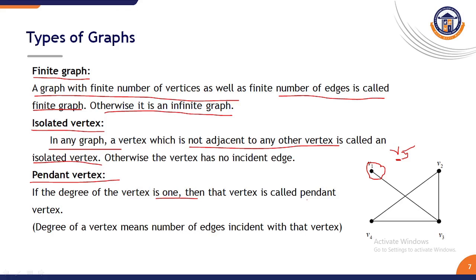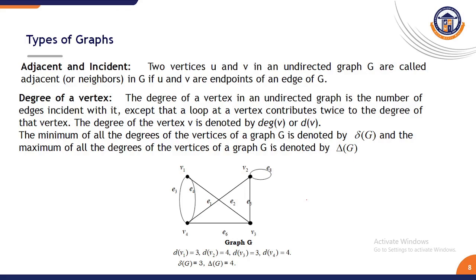Here V1 is known as pendant vertex. Adjacent and incident vertices. Two vertices U and V in an undirected graph are called adjacent vertices if U and V are endpoints of an edge e.